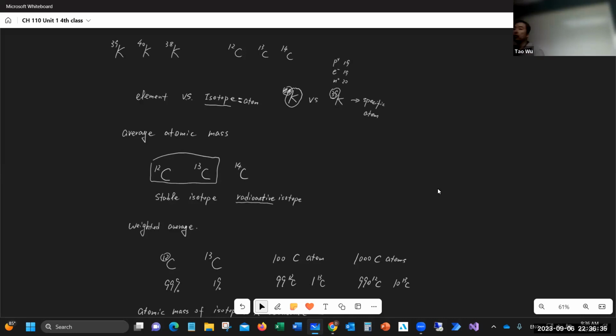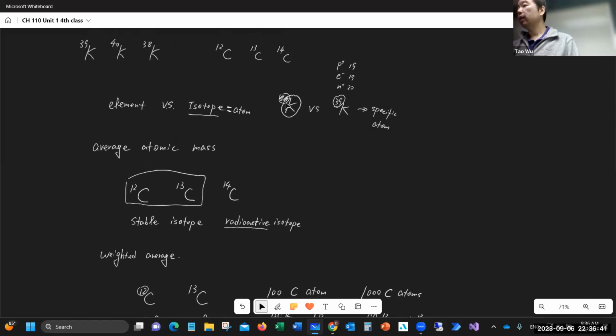So you can write down the symbol for the isotope. Just like here, if you write just potassium, nothing else, then that's an element. But if you write potassium-39, that shows this is an isotope. This is one kind of atom belonging to the element potassium. So that's very important.